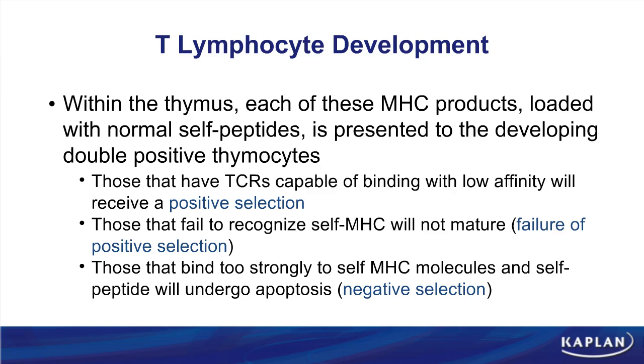So these cells will die during negative selection. So you have a twofold end result. The first is that you have a T cell receptor that can bind to MHC, albeit very low affinity to the MHC. And two, you have a T cell receptor that does not bind to self-peptide.